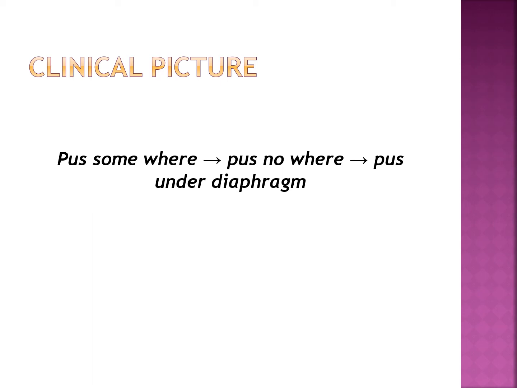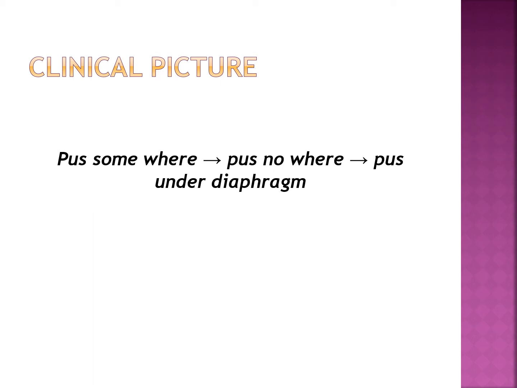Subphrenic abscess is usually difficult to diagnose. When you suspect there is pus somewhere in the body, the patient has hectic fever, is toxic, has leukocytosis, is tachycardic, is in septicemia and might pass into septic shock, but you can't find the source of the pus, you can't find the source of this severe toxemia and septicemia, then you should suspect that the pus might be under the diaphragm.